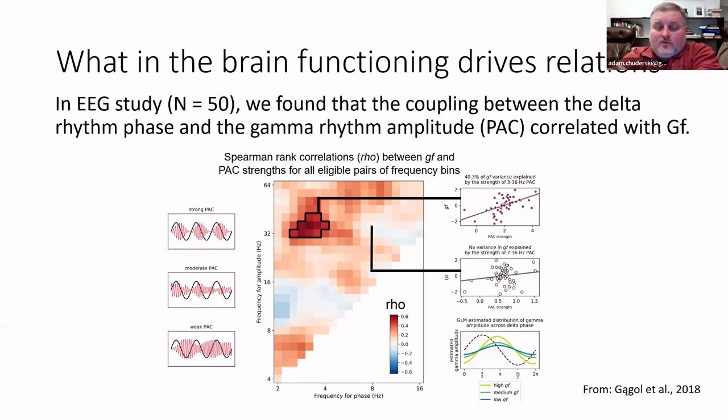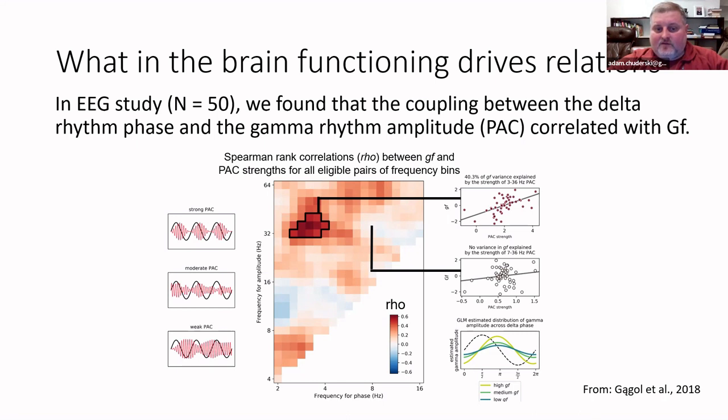So what we did, we made people do a couple of relational processing tasks, like this transitive task, and we plotted the values of phase amplitude coupling for all possible frequency combinations.